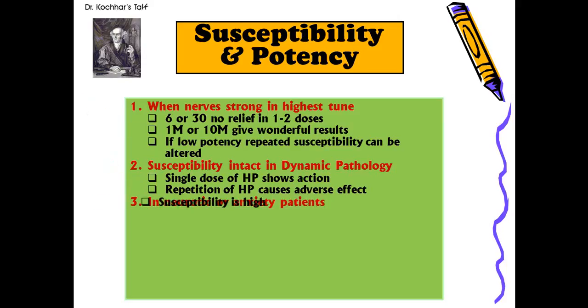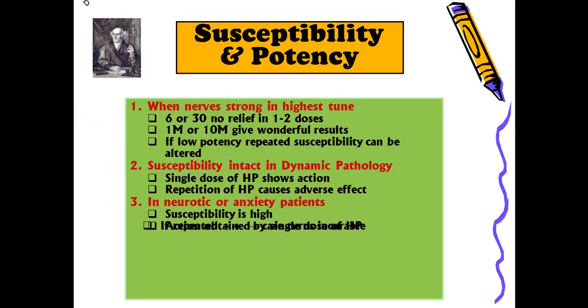The third premise is in neurotic patients. Neurotic patients means, in our understanding, anxiety patients. Susceptibility is high, and action is obtained by a single dose of high potency. But if high potency is repeated again and again, the patient will become incurable.